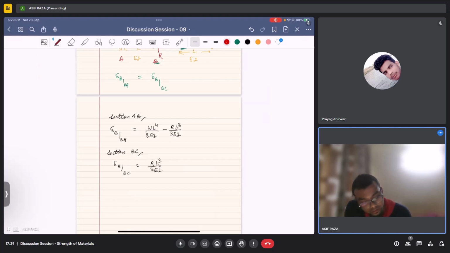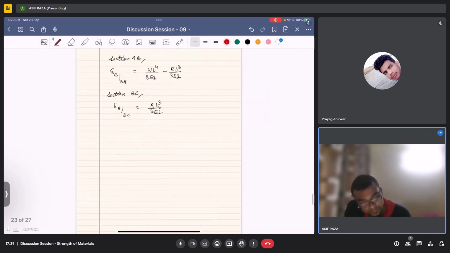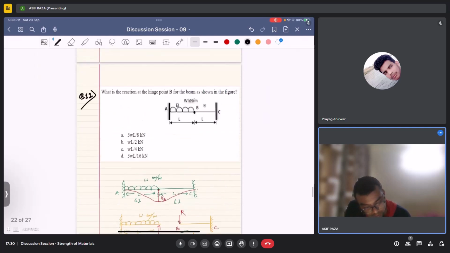Now using condition 1, I'll just write, using 1 we can write WL^4 by 8EI minus RL^3 by 3EI equal to RL^3 by 3EI. I hope I am writing it correct.